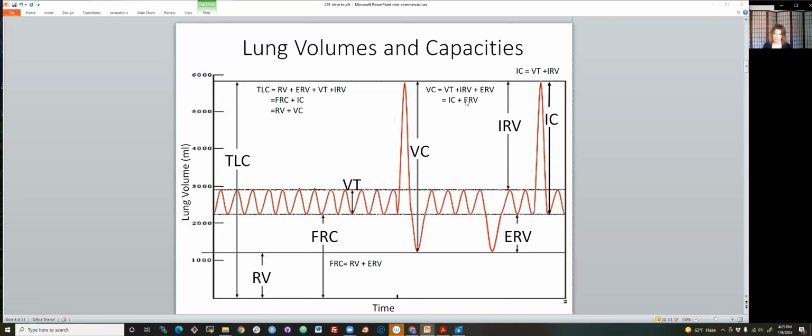Or we can simplify that and state the vital capacity is equal to inspiratory capacity and expiratory reserve volume. And if we move over here, we can see IC, inspiratory capacity, as the sum of tidal volume and inspiratory reserve volume. So you want to get comfortable with this figure, draw it out, label it, play with it, be able to recreate it.